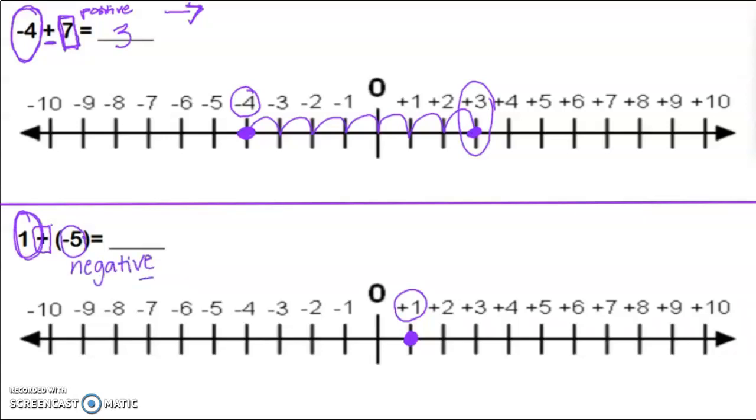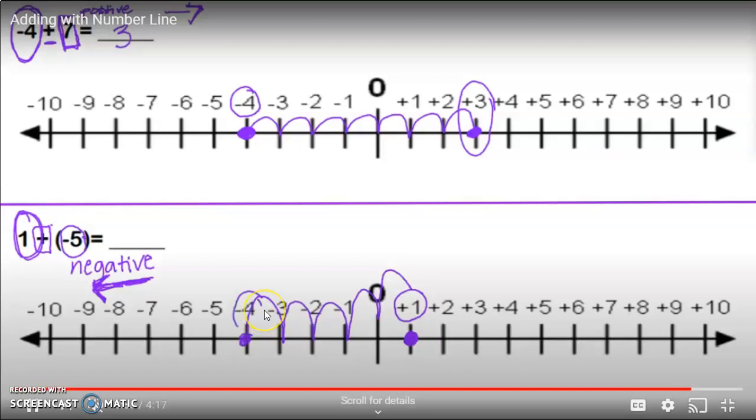So starting from +1, going to the left because it's negative 5 times. 1, 2, 3, 4, 5 puts us at -4 for our answer.